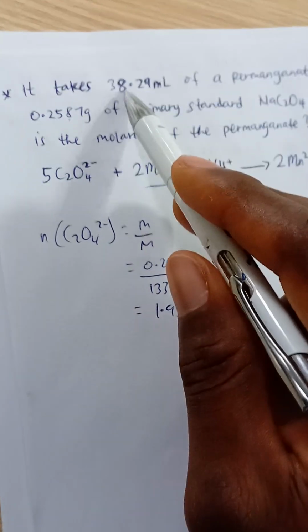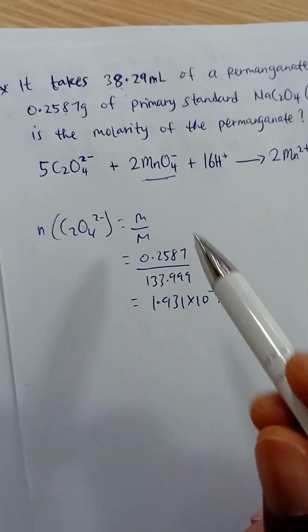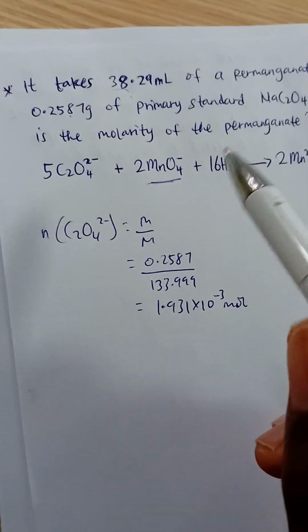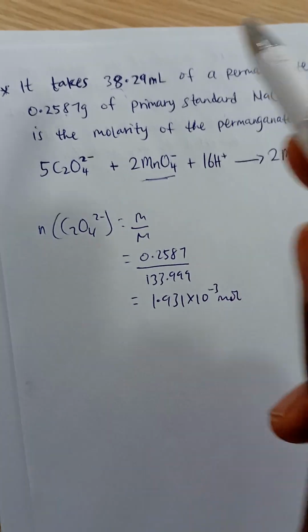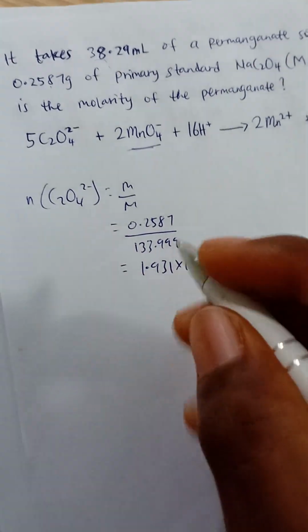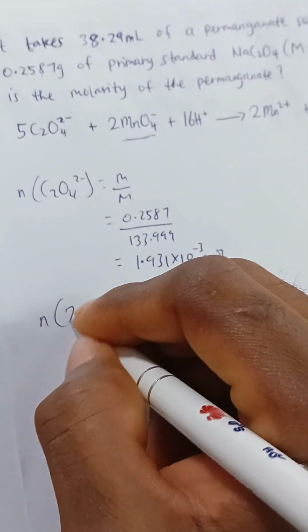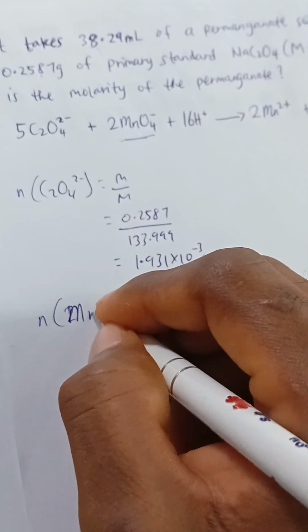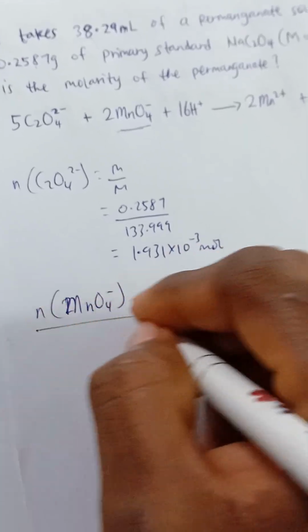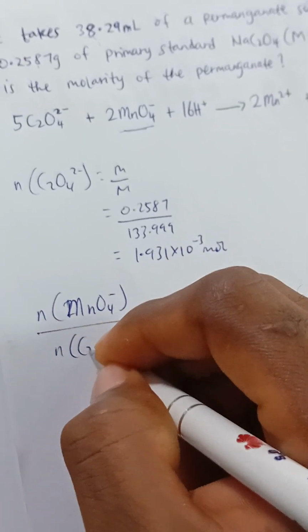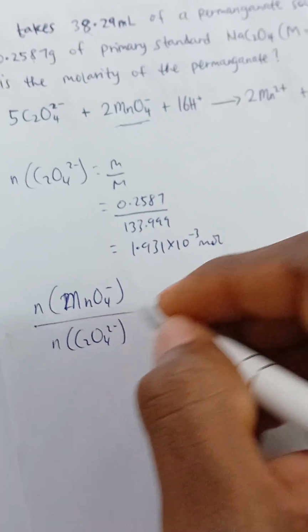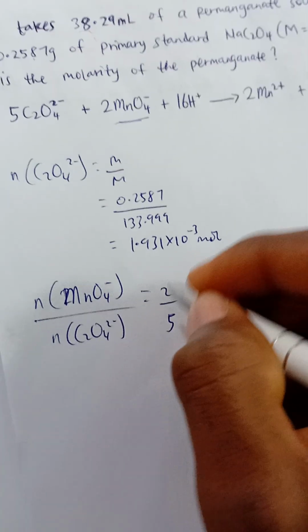So since we have the mass and the volume of the permanganate, we can use mole ratio to find the actual mole of the permanganate, then we divide by the volume to get the molarity. So mole of the permanganate from the balanced redox reaction over mole of the primary standard should be equal to 2 over 5, the ratio.